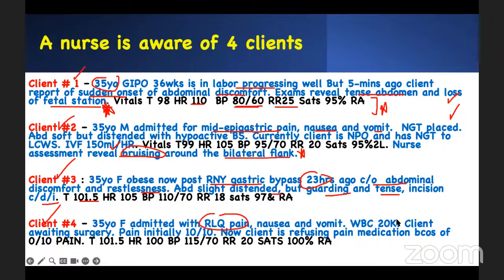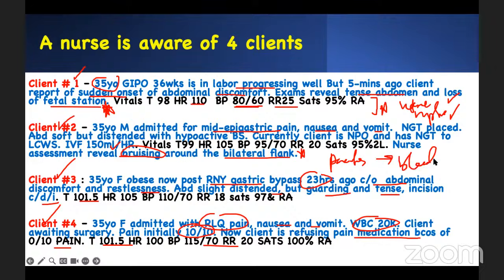Right lower quadrant pain, leukocytosis, nausea, vomit. 10 out of 10. All of a sudden, no more pain. Febrile, and these are the vitals. Number 1 is uterine rupture. And number 2 is pancreatitis, who is bleeding.